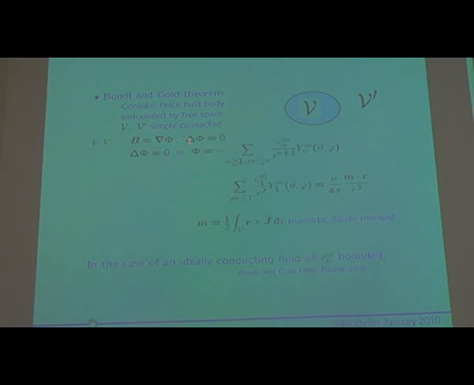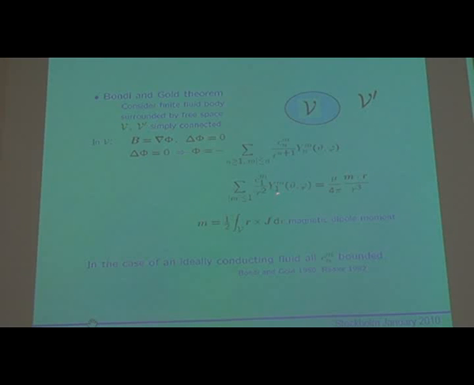Then you can represent Φ in this way. These are some constants, and this is radius to the power n plus 1, and these are spherical harmonics depending on the spherical coordinates theta and phi. Take one term with n equal to 1.